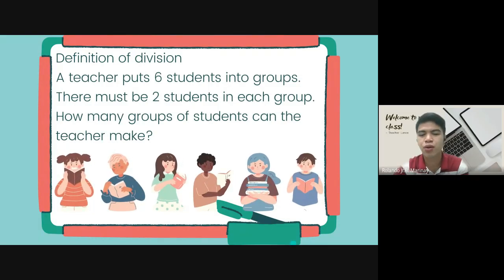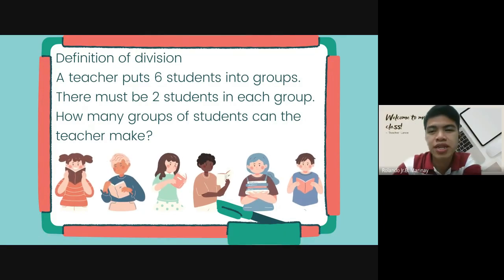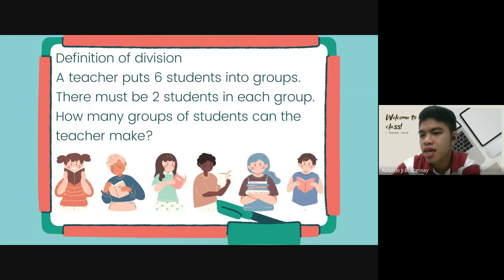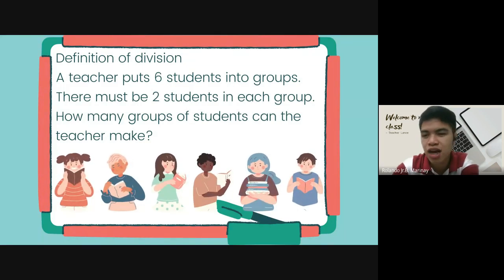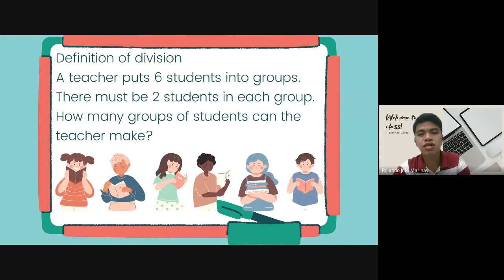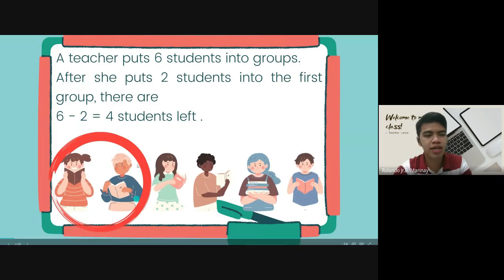In every group there should be 2 students. Okay, so the question is how many groups are we going to make? Here I need to put the first 2 students in a group. So we have now 1 group.